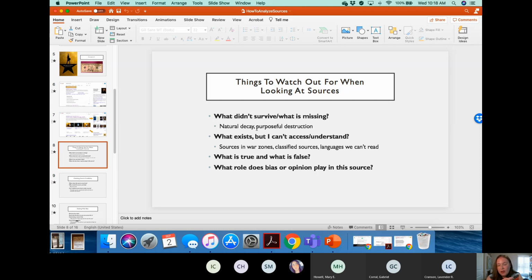One example is we know a lot about the Holocaust during World War II, right? The genocide of European Jews, because the Nazis kept meticulous records and didn't have time to destroy them before they were defeated. So sometimes when you look at a source, it's kind of obvious something isn't there. Other times it's a little bit more difficult. So that's just something to keep in mind. That's not necessarily something you might see in every source.